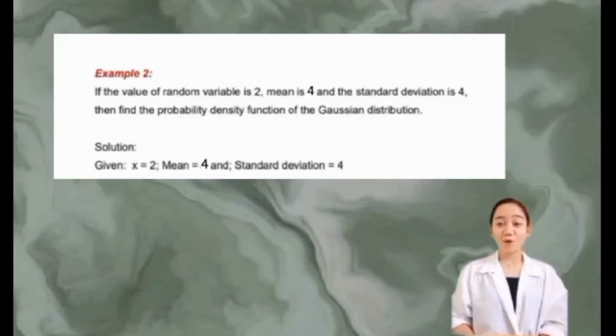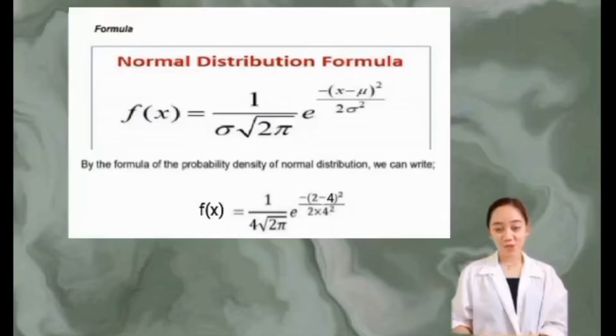Again, using the formula, we can now substitute these values. So f of x is equal to 1 over 4 times the square root of 2 times pi times e raised to the power of negative times the quantity of 2 minus 4 squared over 2 times the quantity of 4 squared.